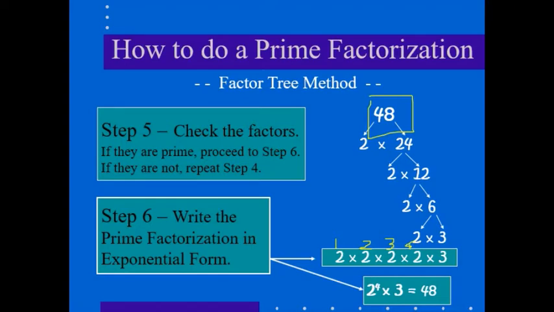So that becomes 2 to the power of 4 times 3. 2 to the power of 4, that's the same as multiplying 2 by itself 4 times. And then, well, 3 technically is 3 to the power of 1, but when you times something by 1, it's just itself. So there's 1 3, so we just write 3, and there's 4 2's, so we write 2 to the power of 4. Okay?